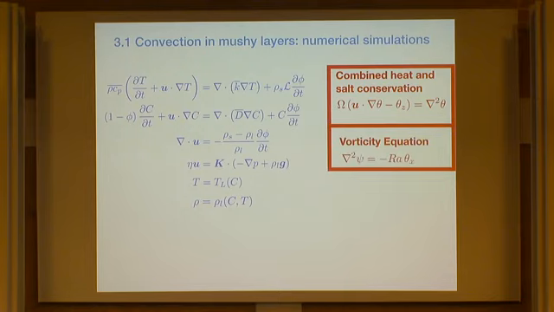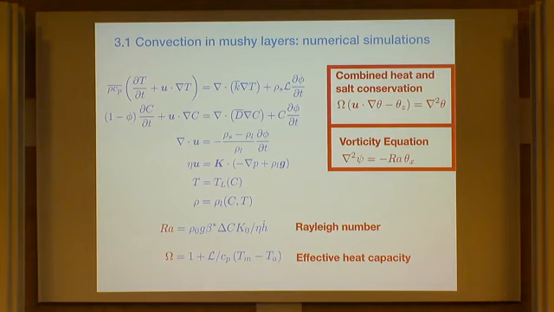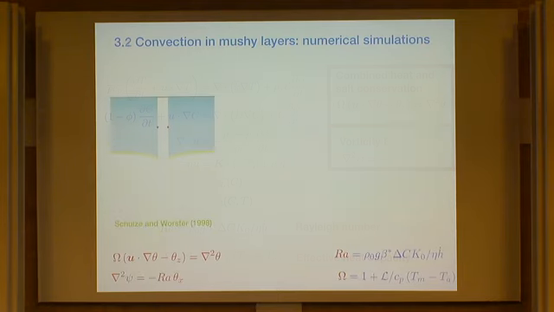In 2 dimensions, we can combine these equations by taking the curl of this equation to obtain a vorticity equation. Psi is the 2-dimensional stream function, and this is the Rayleigh number we discussed earlier. So similar equations have been solved numerically, and some of the challenges in doing so are to do with this free boundary between the liquid region and the solid region.